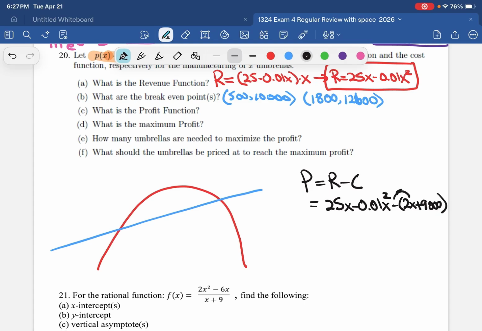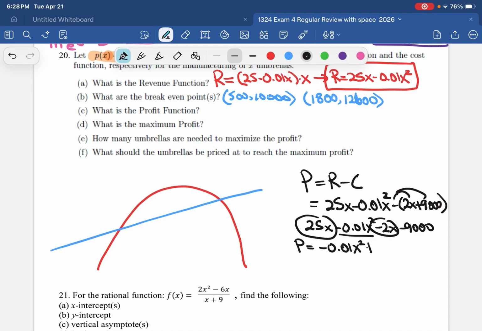And I'm going to distribute my negative. So I get 25x minus 0.01x squared minus 2x minus 9,000. So my profit function equals, I'm going to put that one first, negative 0.01x squared. If I do 25x minus 2x, that's plus 23x minus 9,000. So this is my profit function.